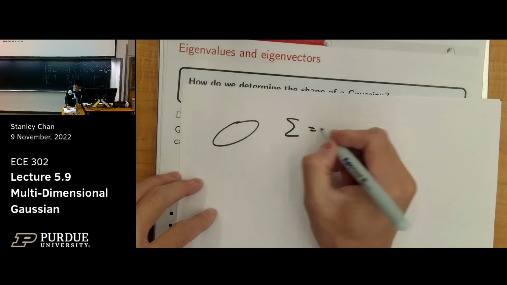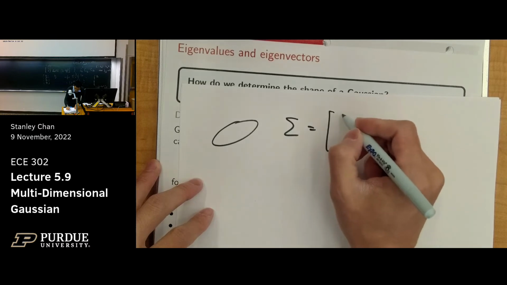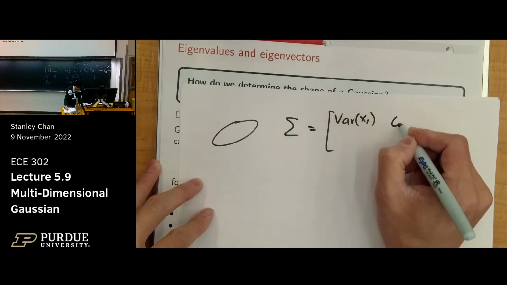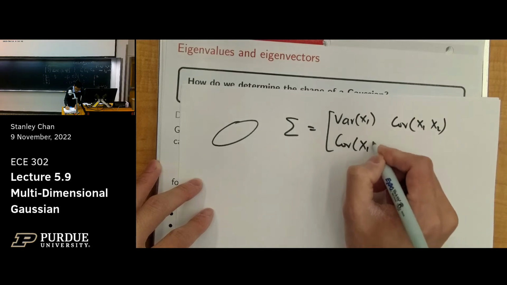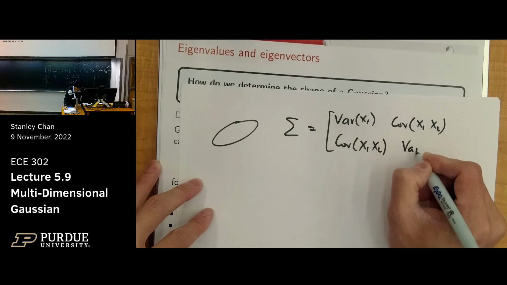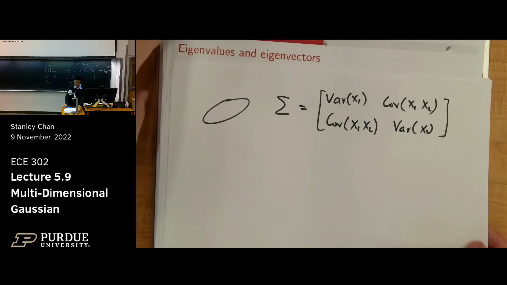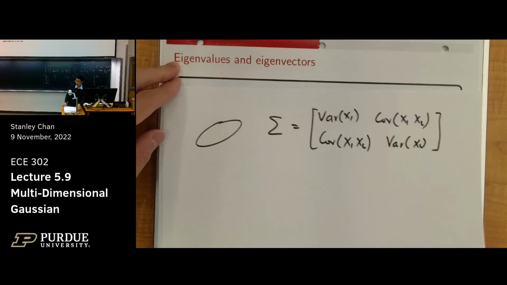The covariance matrix in a two-dimensional case will have four numbers: the variance of x1, the covariance of x1 and x2, the covariance of x1 and x2, and the variance of x2. So it will be a 2 by 2 array. This is a matrix. The way to analyze this matrix is through a technique called Eigen Decomposition.